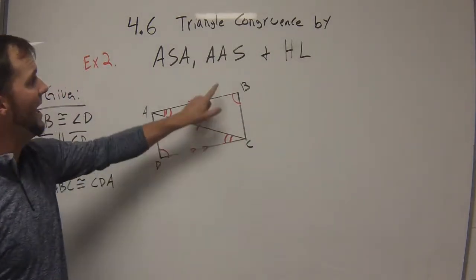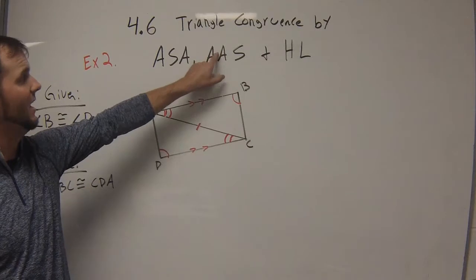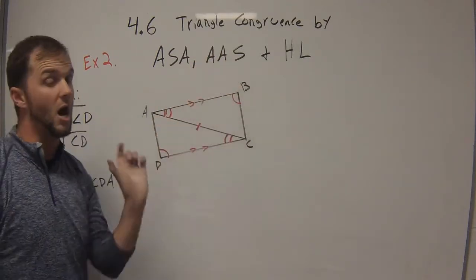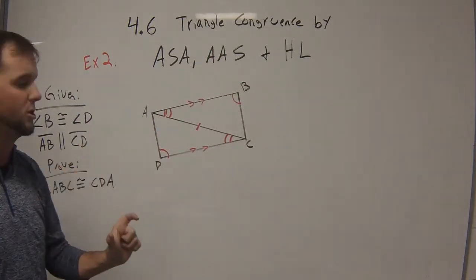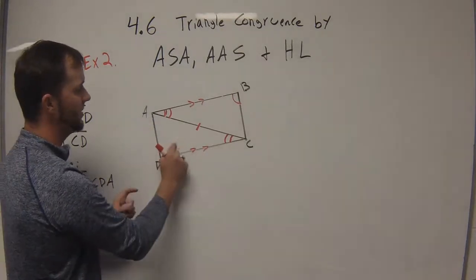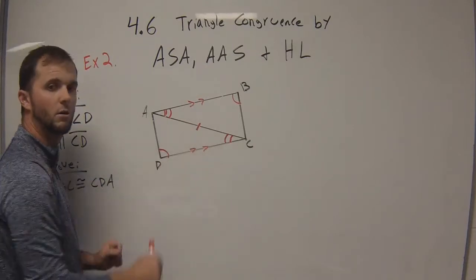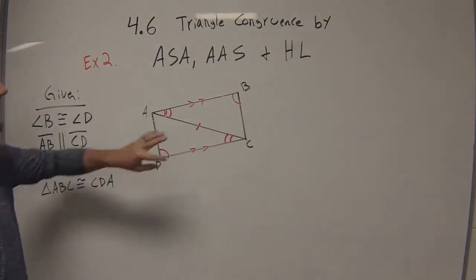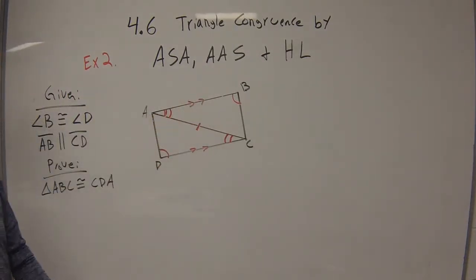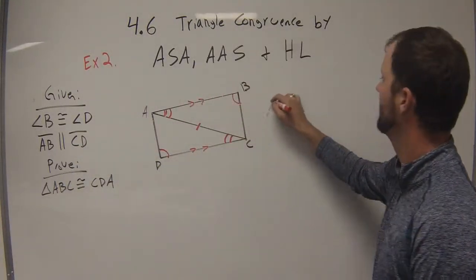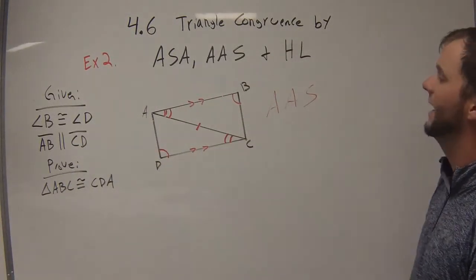And then I have a side that is not in between those, so not included, that is congruent to each other. AC in this triangle and CA in this triangle are congruent to each other. So ladies and gentlemen, these two triangles are going to be congruent because of the angle-angle-side theorem.